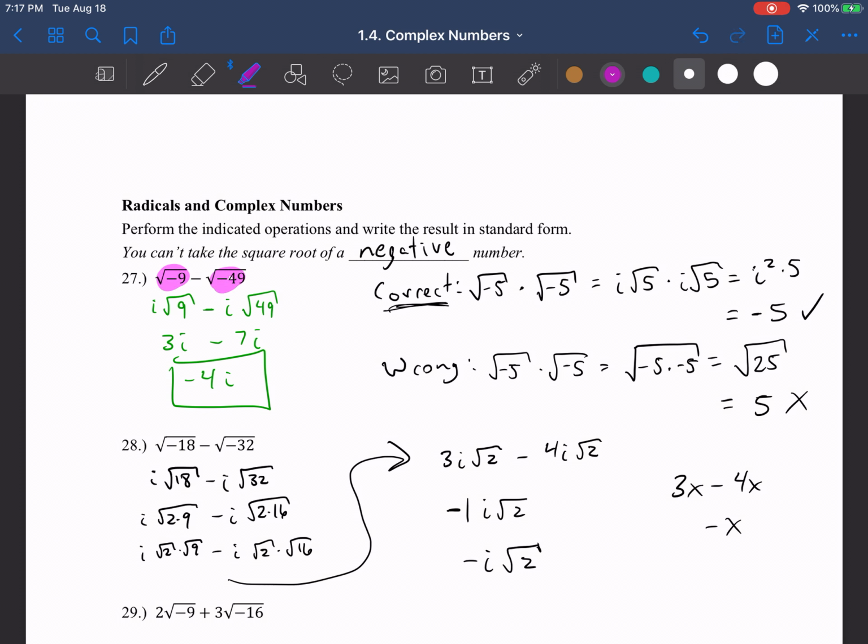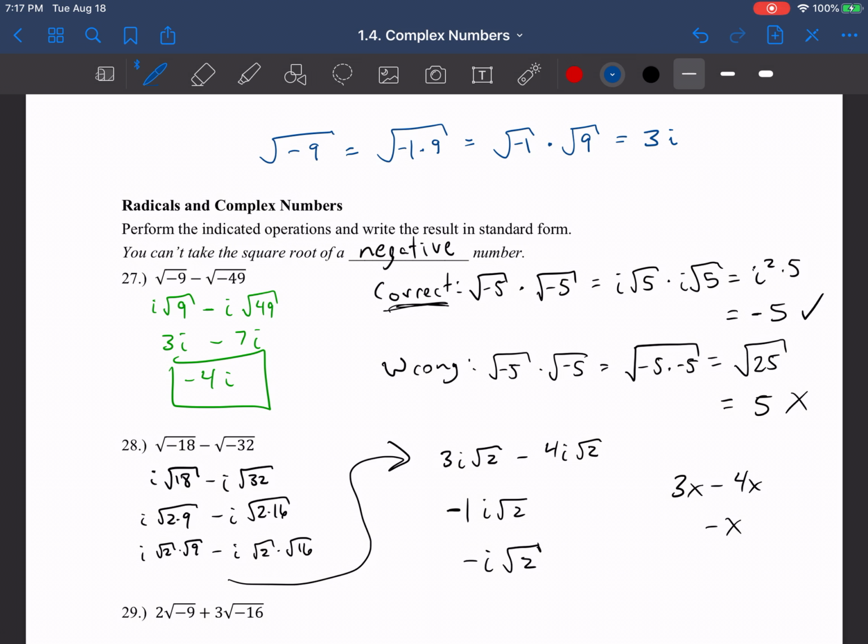Well, if you think about this, what we can do is we can say something like the square root of -9 equals the square root of -1 times 9, right? Maybe I should write this in the pen here. Square root of -9 equals the square root of -1 times 9, which is just the square root of -1 times the square root of 9, which is just, square root of 9 is 3, and square root of -1 is i.